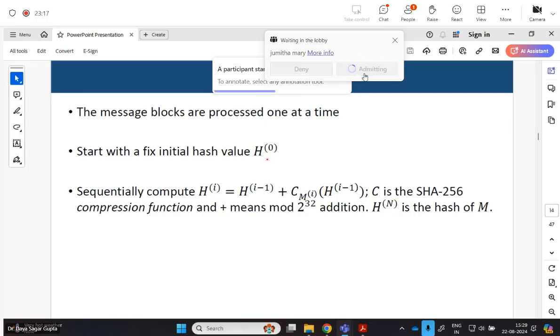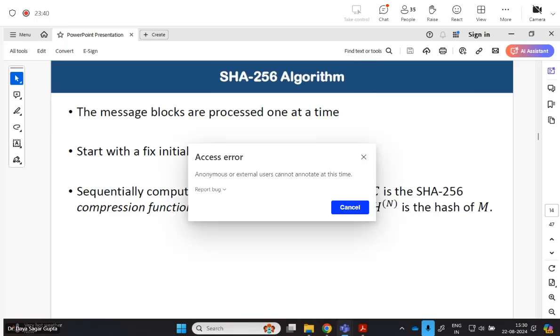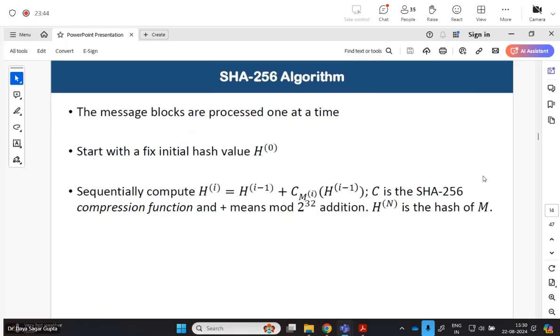So why do you need to take this H0 as the initial hash value? You need to choose it randomly. Because if you compute this one, let us call it H1, this will be i minus 1, meaning 1 minus 1, so you get the 0 value. So we need to have this H0 for computing the successive hash values.